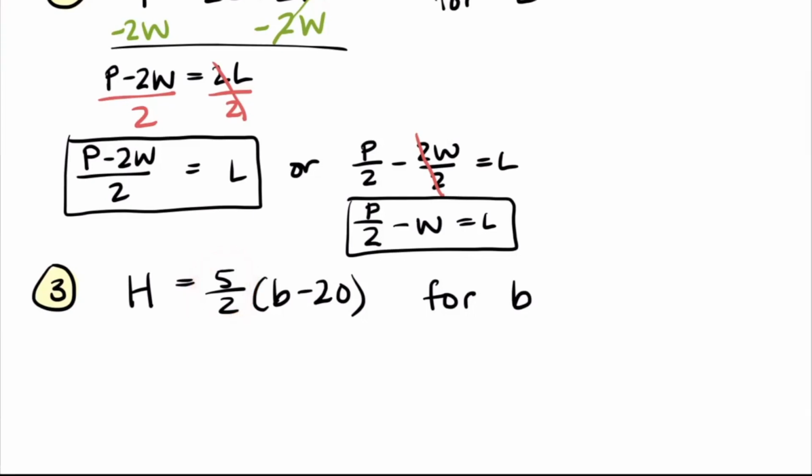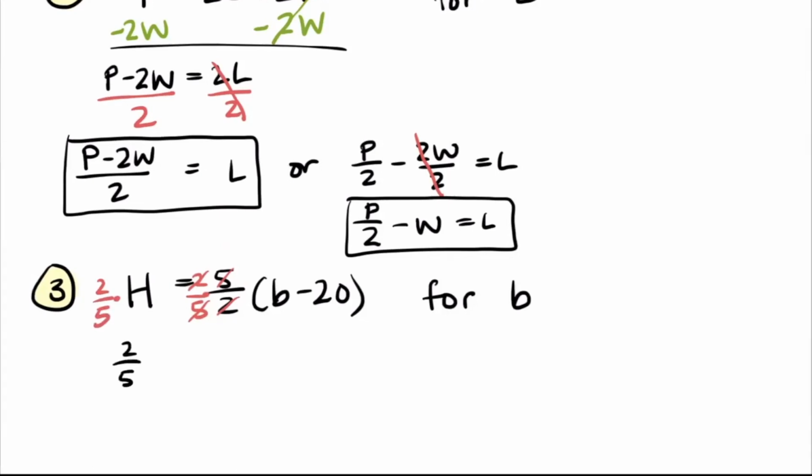So to do the opposite of 5 over 2, we could divide by 5 over 2 to cancel this out. But a faster way to do that is to multiply by the reciprocal of 5 over 2, which is 2 over 5. Right, what that will do is cancel out the 2's, cancel out the 5's, and we'll just have a 1 left over. And if I do that on the right side, I also just have to do it on the left side.